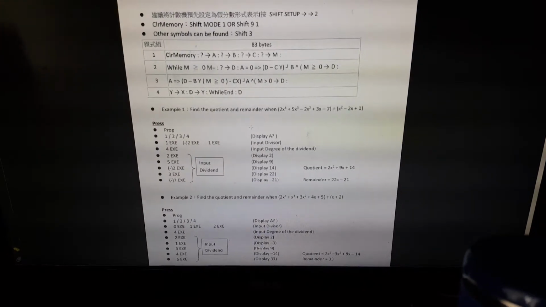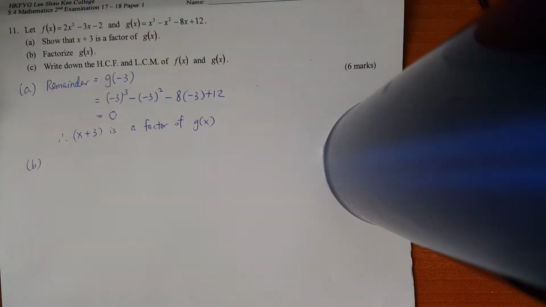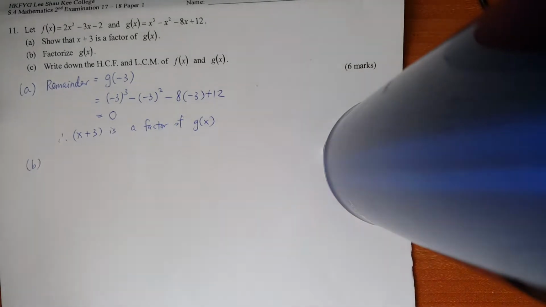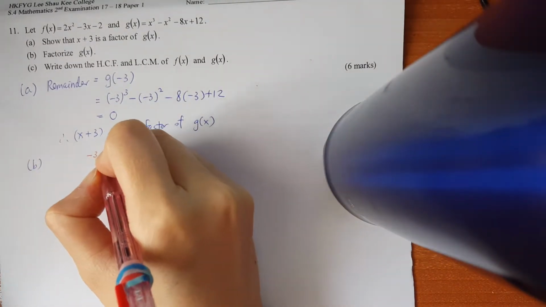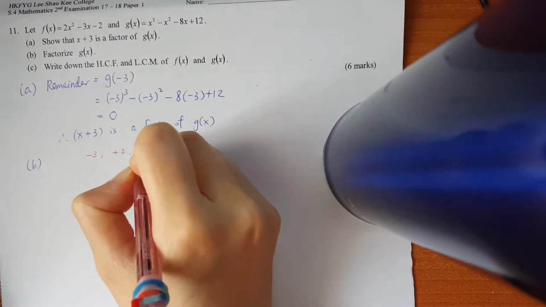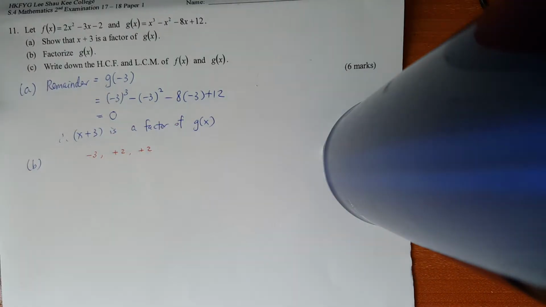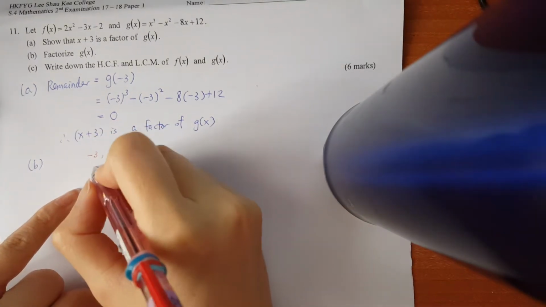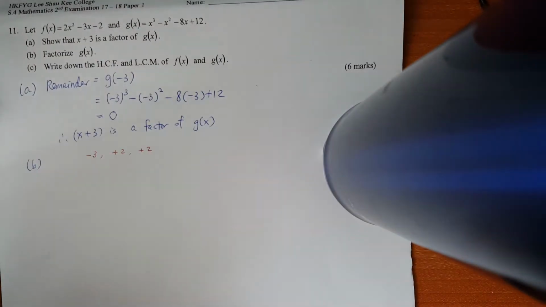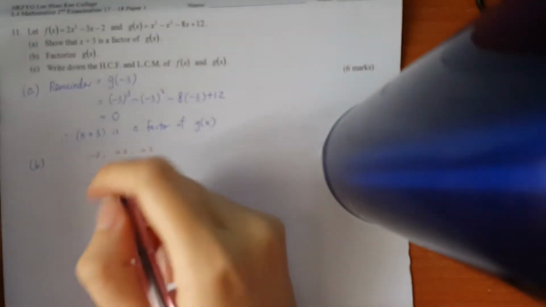So if I use these 2 programs, I can already get the answer. So for the first program, we go back to question 11. If I use the first program, I can get 3 numbers: negative 3, positive 2, positive 2. If I use the second program, let me see the calculator.